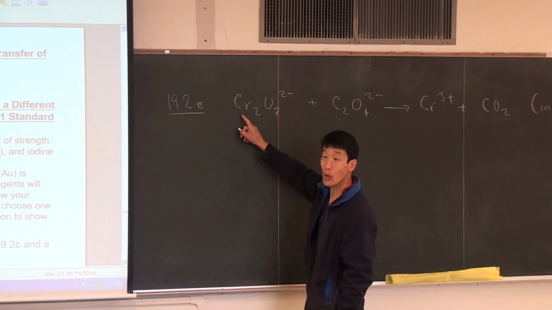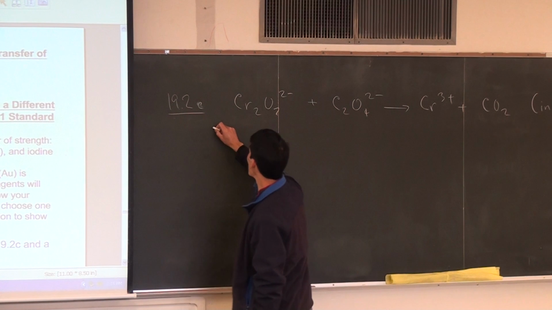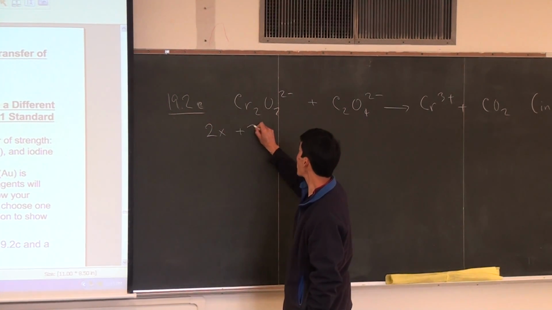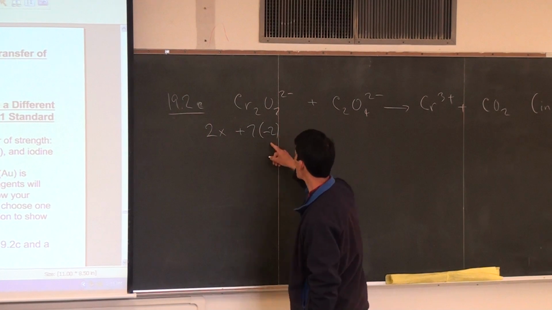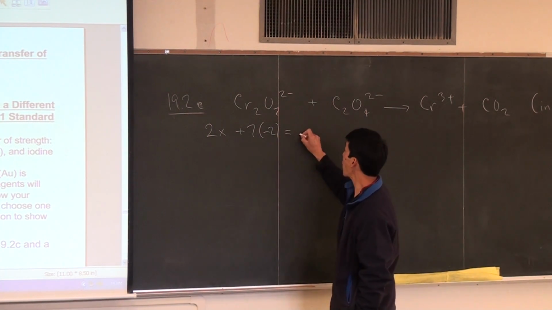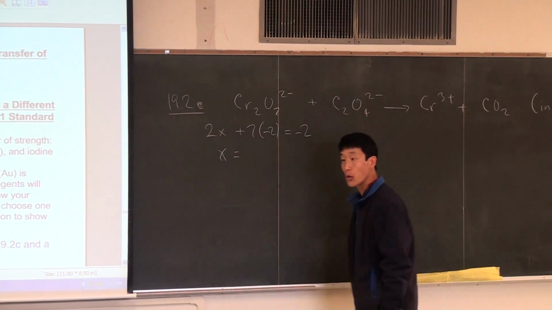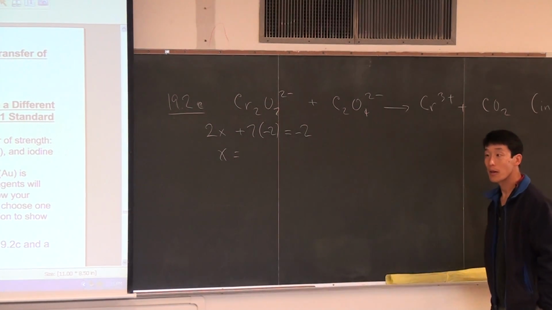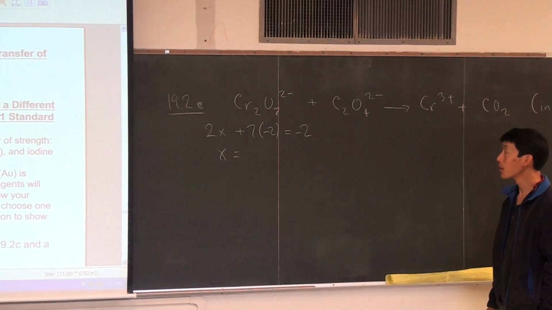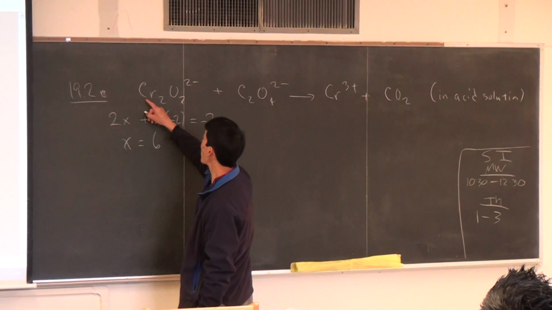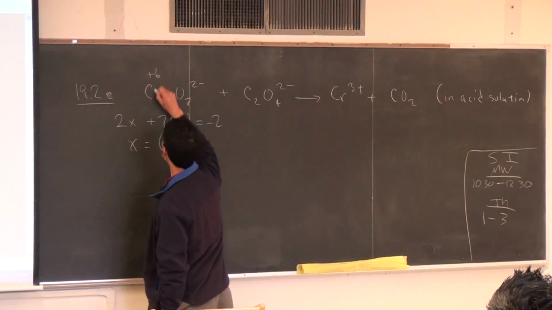So we can figure the charge on chromium. We have 2 times x, where x is the charge on chromium, plus 7 times -2, where -2 is the charge on oxygen. The net charge is equal to -2, so we solve for x. X is equal to 6.